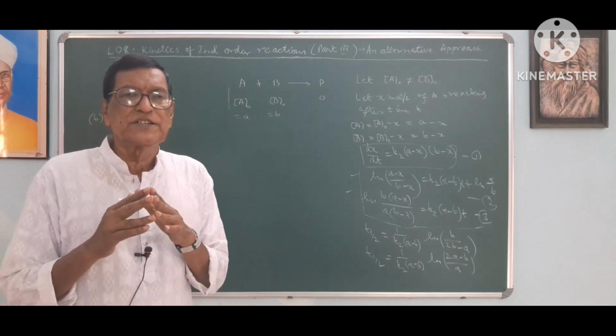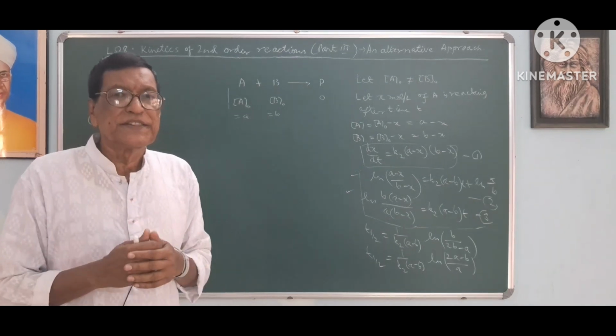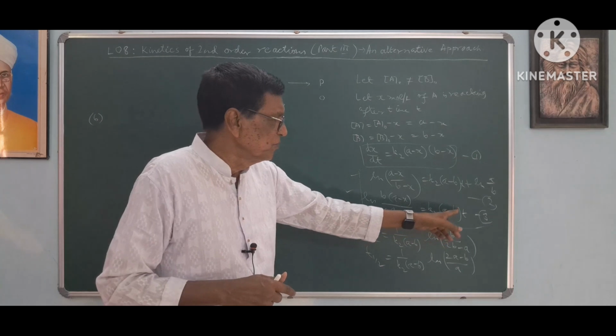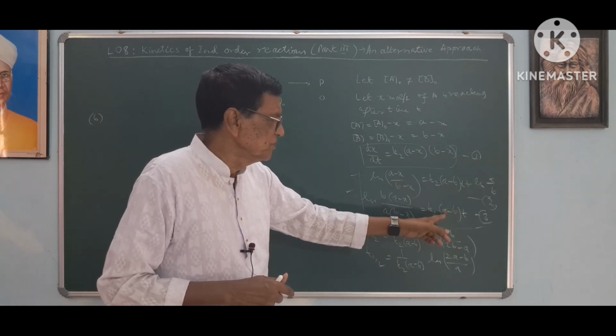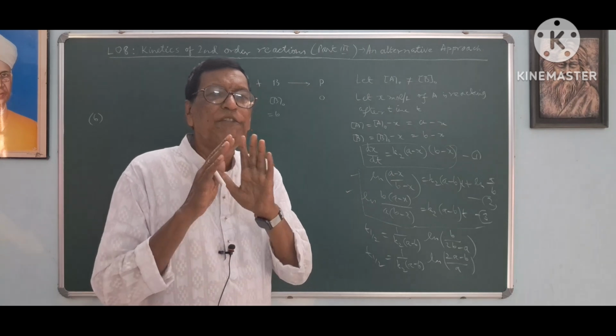If the initial concentrations of the two reactants are the same, then this equation is not valid. A equal to B means this term equals 0, then the right hand side becomes 0, and this equation will vanish.